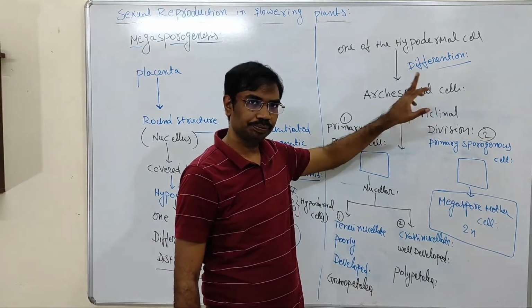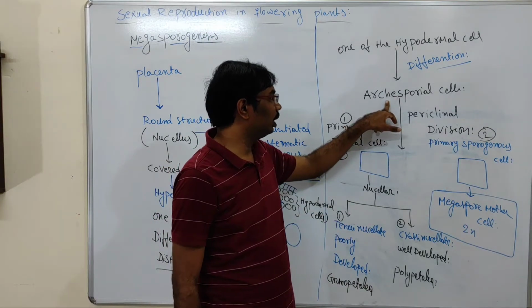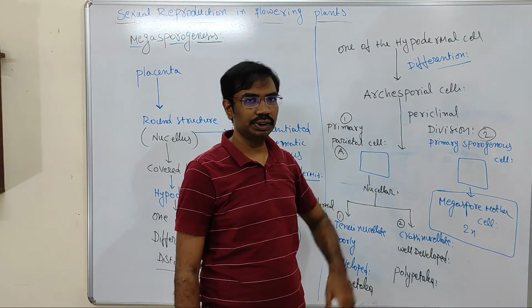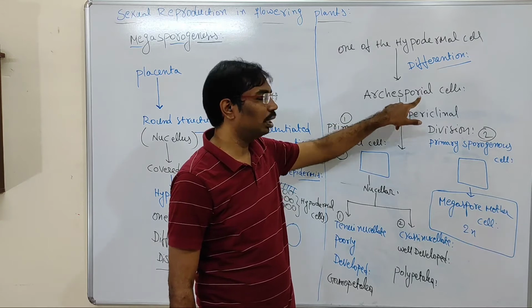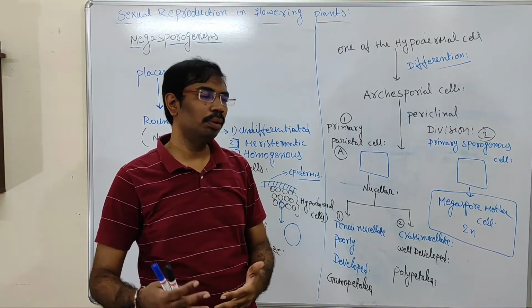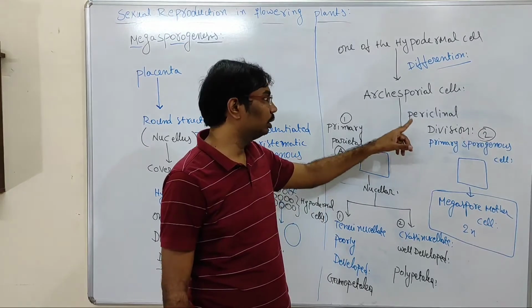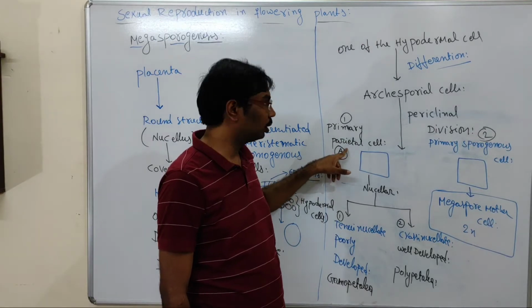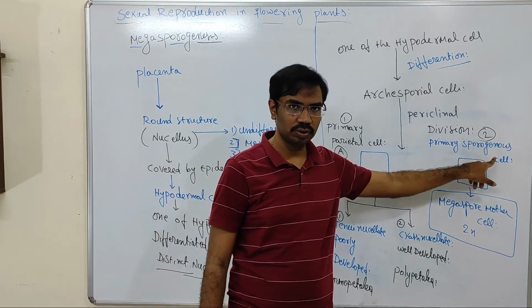The archesporial cell again divides by mitosis. That mitotic division is called periclinal division. After periclinal division, the archesporial cell is converted into two cells. One is the primary parietal cell and the other is the primary sporogenous cell.